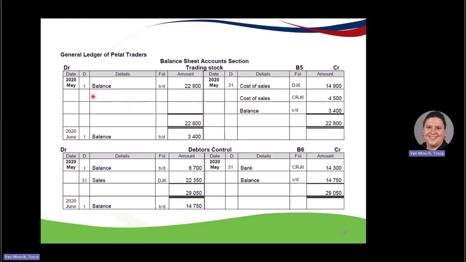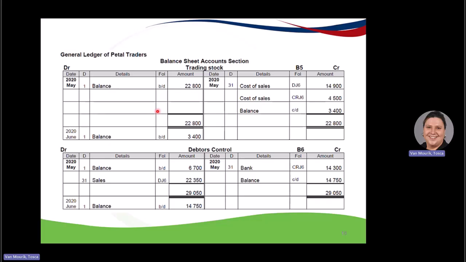So we will have bank, if it is in the cash payments journal, and the amount. If we ordered some trading stock on credit, that will be from the creditors journal, the CJ, excuse me, and then the amount all on the debit side.